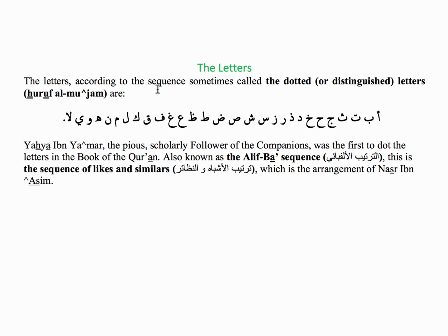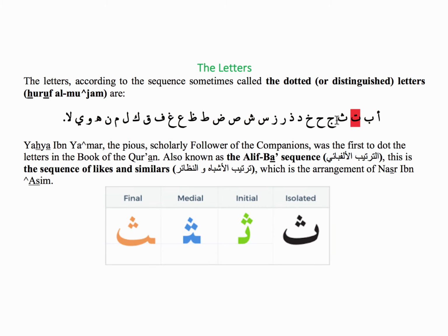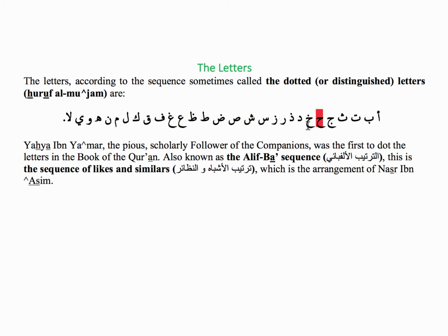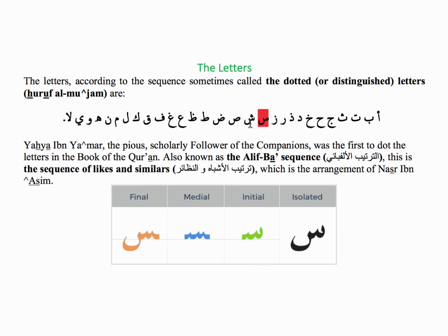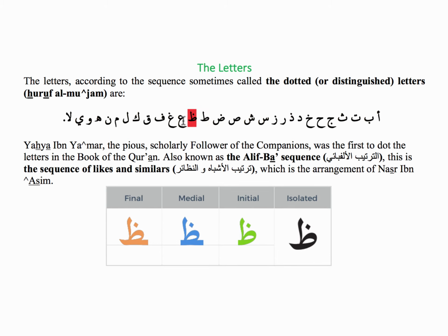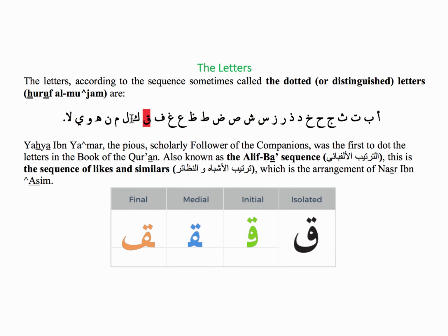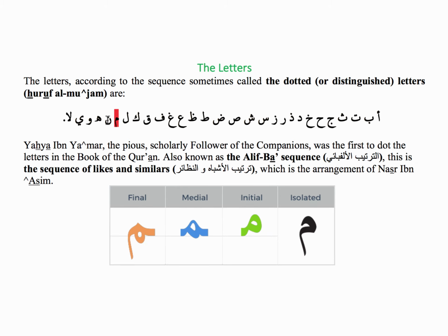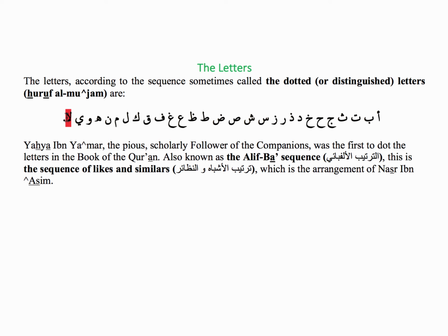The letters, according to the sequence, sometimes called the dotted or distinguished letters, huruful mu'jam, are alif, ba, ta, tha, jim, ha, kha, dal, dhal, ra, zay, sin, shin, sad, dad, ta, za, ayn, ghayn, fa, qaf, kaf, lam, mim, nun, ha, waw, ya, lam alif.